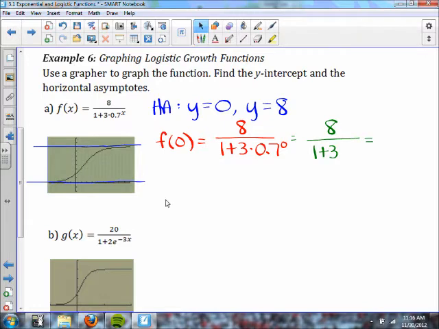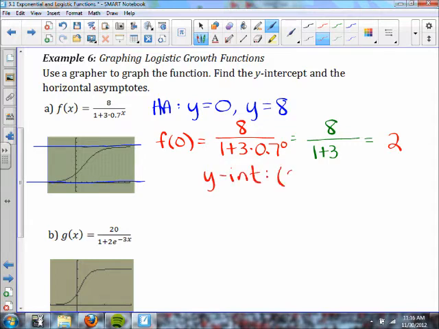So 8 over 1 plus 3, which is 8 divided by 4, and that's going to be 2. So our y-intercept will be 0, 2. So therefore, we found all of our horizontal asymptotes. We found our y-intercept. Okay? Any questions right this second?